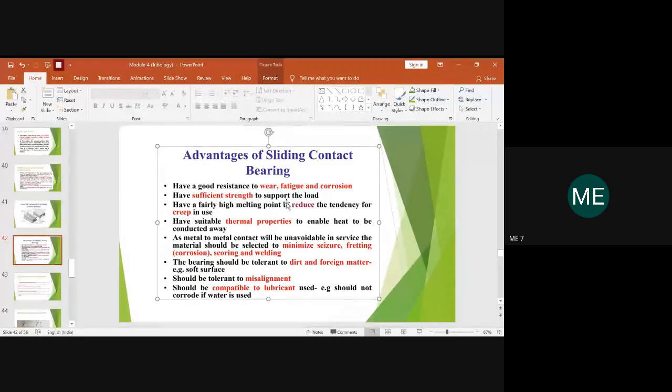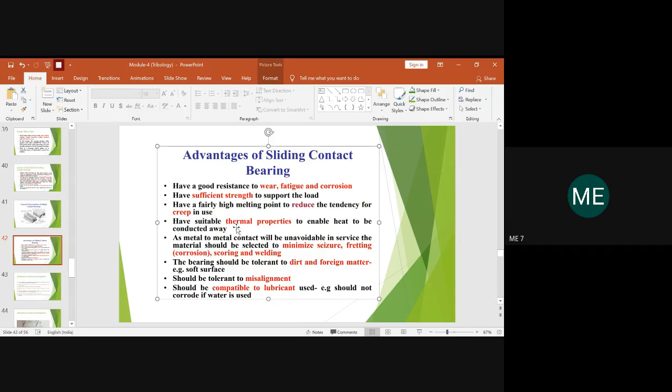Due to this, it reduces the tendency for the generation of creep when sliding takes place. Since it has a high melting point, this type of sliding contact bearing is very suitable for thermal properties, so you can use it at high temperatures and withstand the heat subjected during any relative motion.